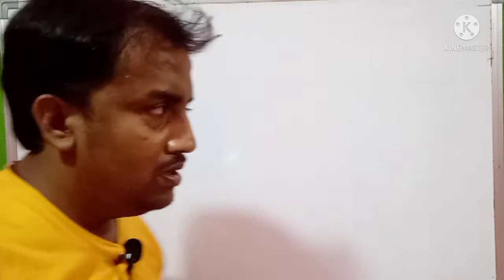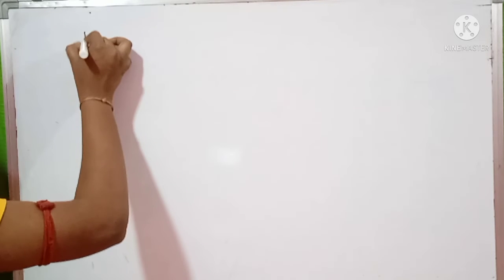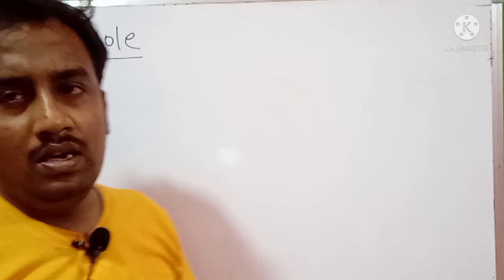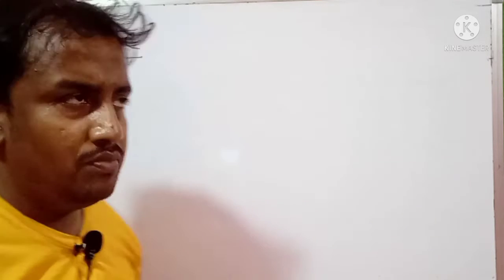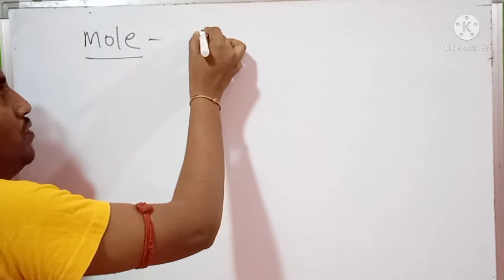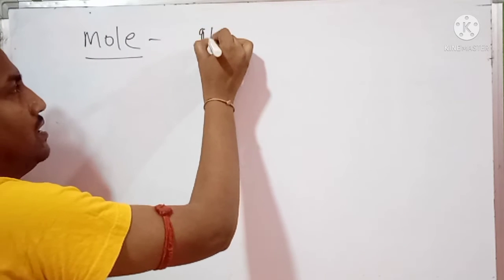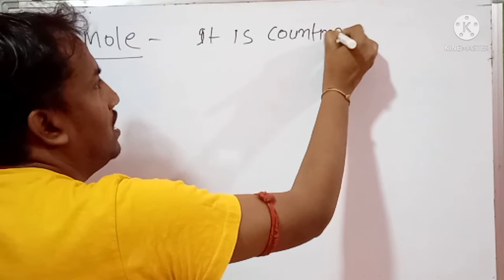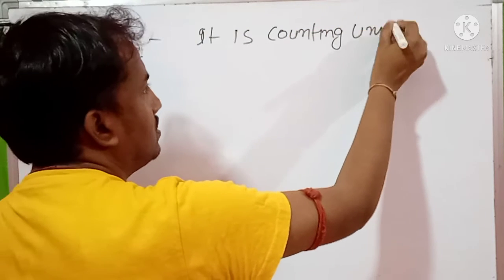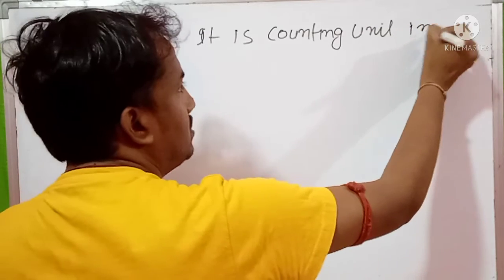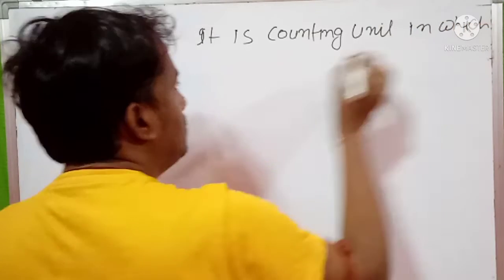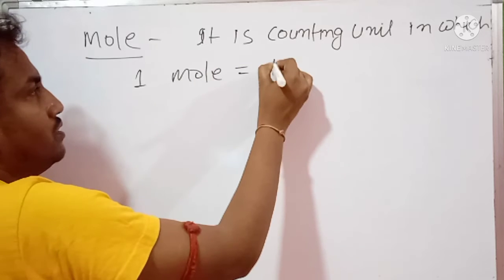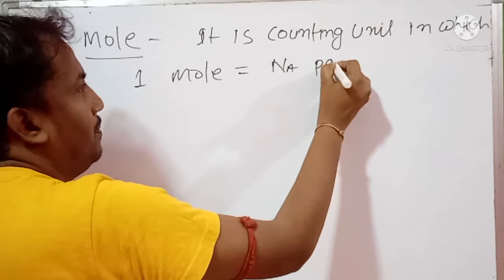First of all, we have to understand the meaning of mole. What is a mole? By definition, a mole is a counting unit in which one mole is equal to Na particles.